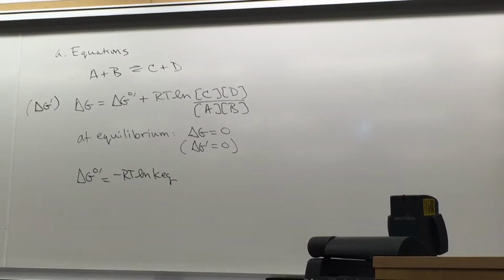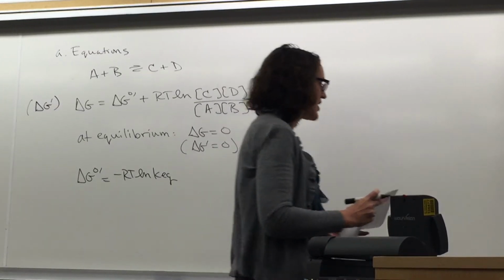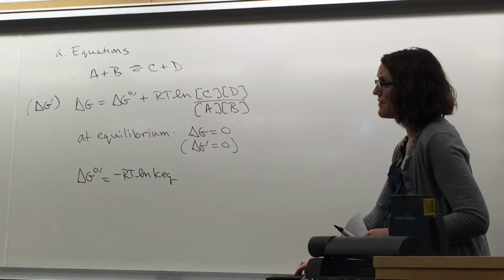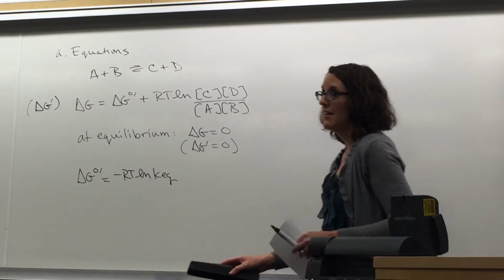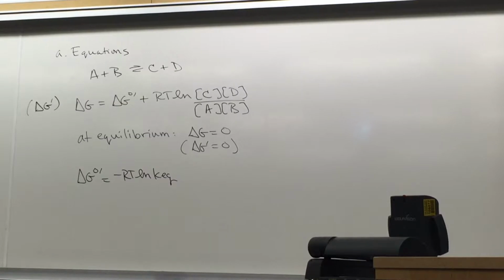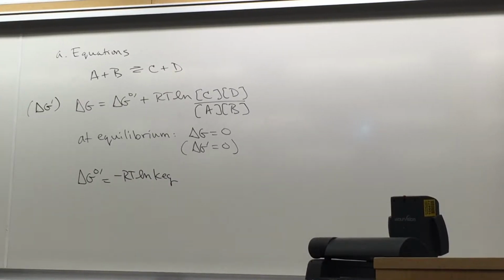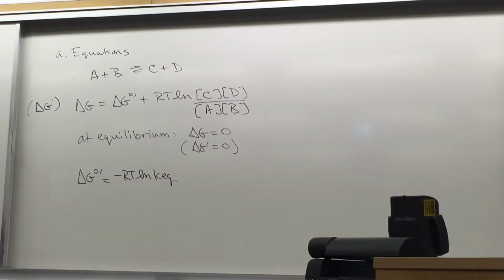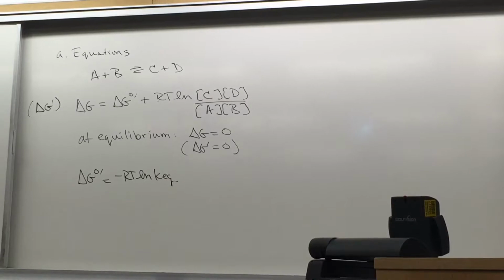Okay, so these are some things. I know you have some homework in this area. This is really standard stuff. You've done it before, probably a lot. So there will be some additional problems to work in the homework that relate to free energy change. Does anybody have any questions up to this point?